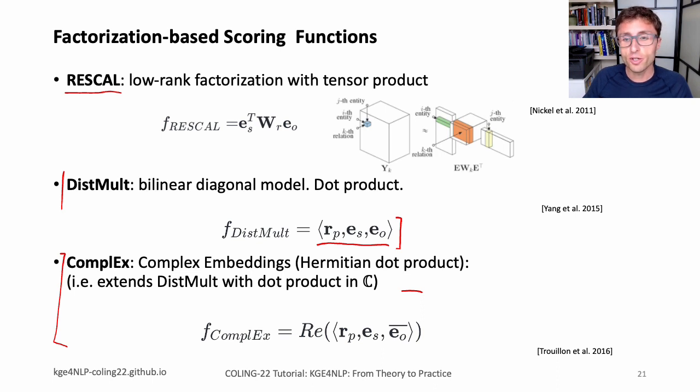So the goal of the authors of ComplEx was to come up with a model that had an asymmetric scoring function to better model the asymmetric relations in the knowledge graph. And the authors came up with the intuition that the dot product in the complex space is not symmetric, and the ComplEx model leverages that intuition.